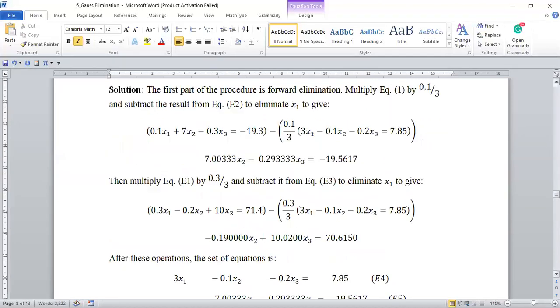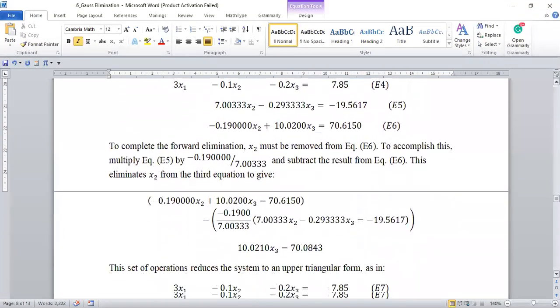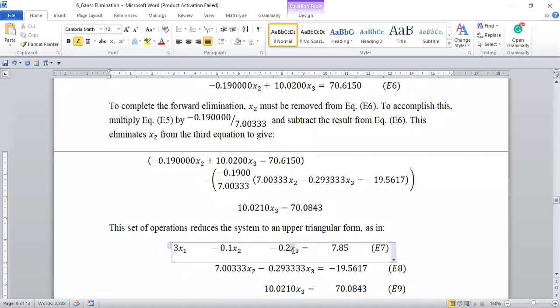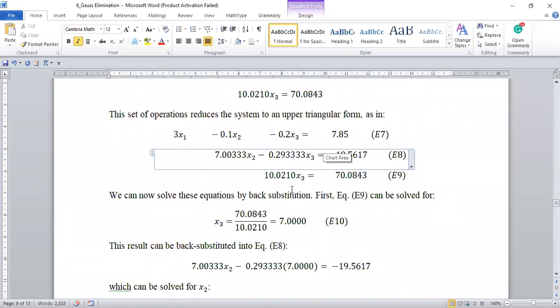For instance, if I solve for this 0.1 divided by 3 and convert the answer to just one decimal place, there's going to be errors in the answers because I've rounded off to one decimal place. There's going to be error in this equation and also in this equation because I'm not using lots of decimal places.